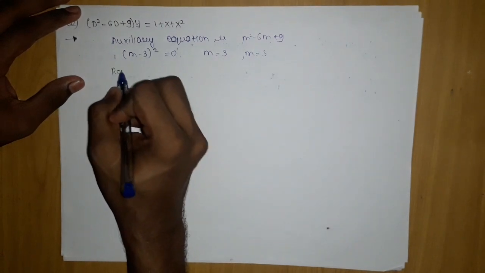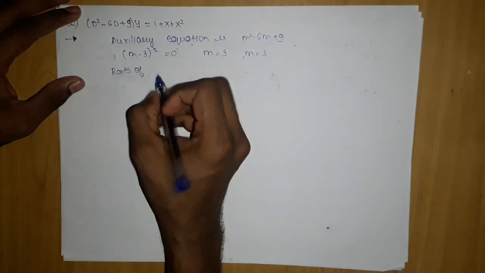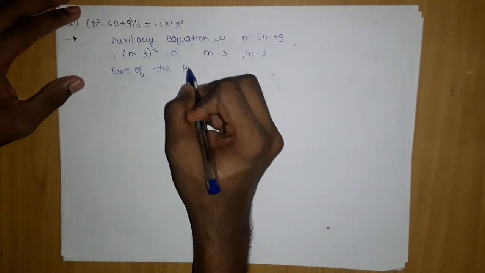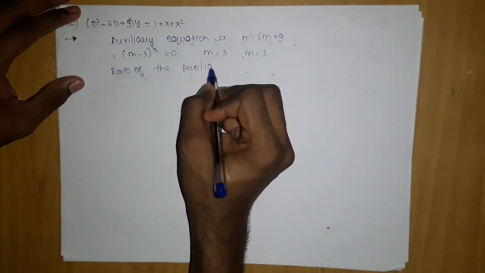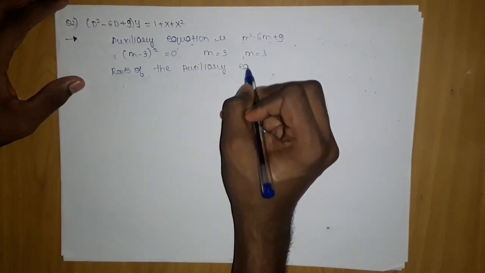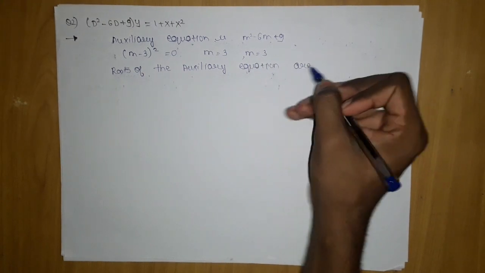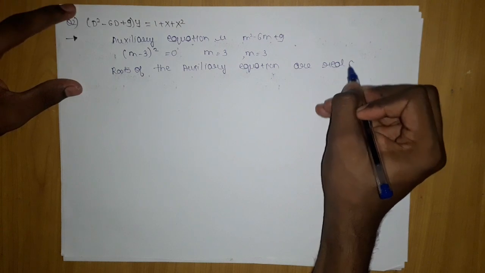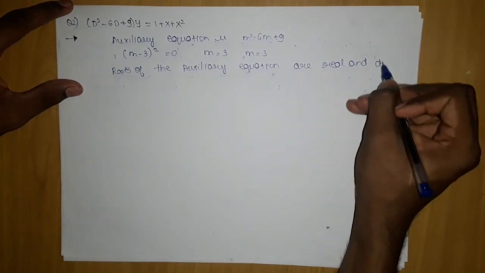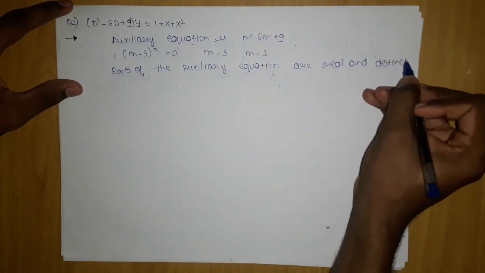So the roots of the auxiliary equation are real and distinct. Do you agree with this?